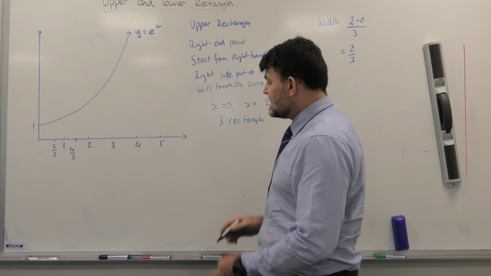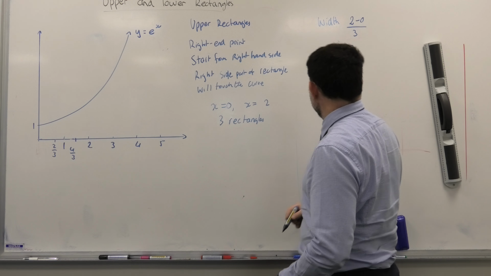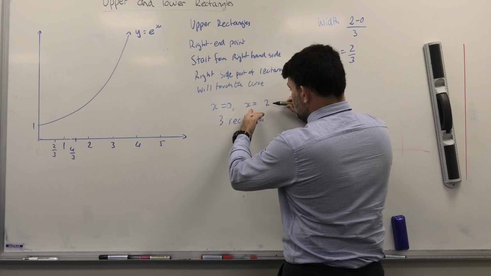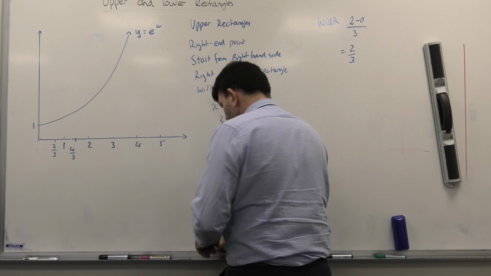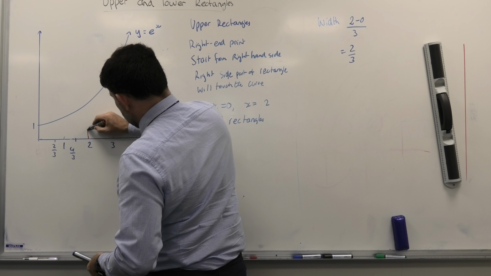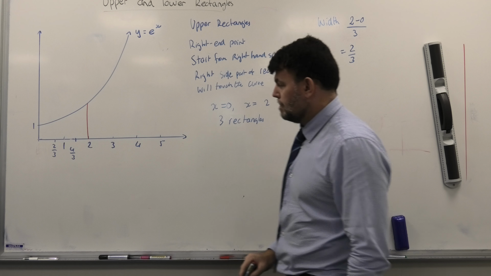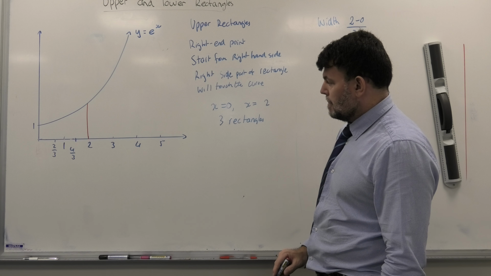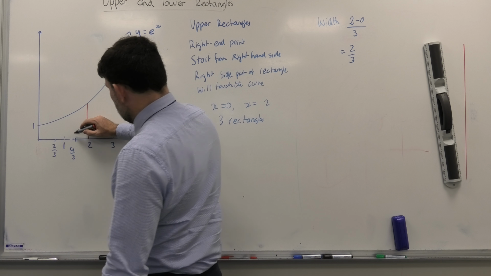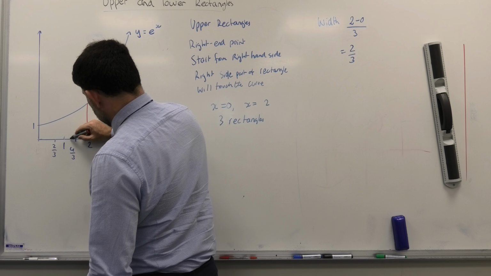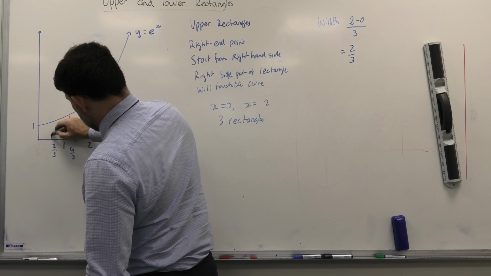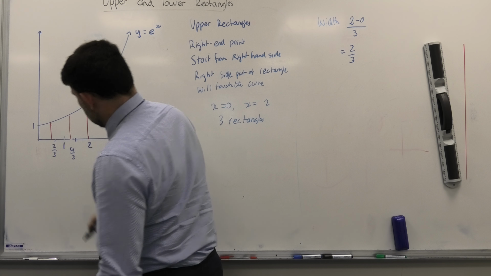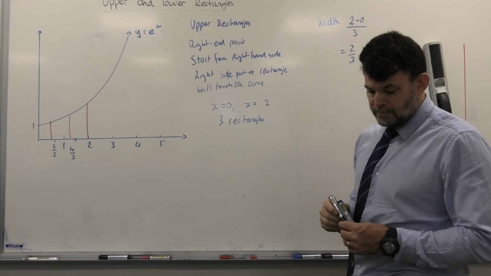So let's now sketch this graph. We're sketching from 2, from the right to the left. So the first thing we put in here is, let's mark 2 in there. Our next mark here will be 4/3 and then 2/3.